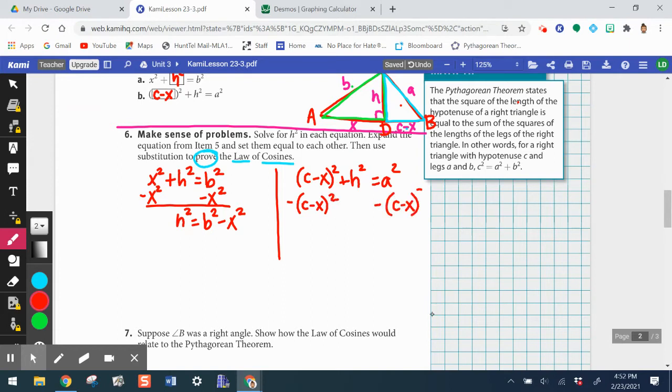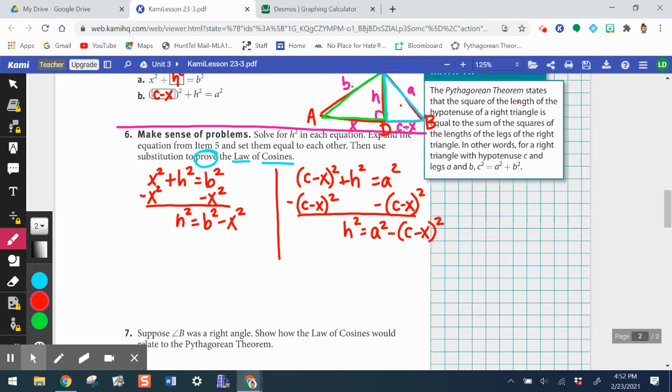So again, this is the part of the math that I was referring to. If we're not comfortable, don't get bogged down here. But it works the same way. x is some number, and it's squared, so we subtract it from both sides. c minus x will represent some number squared, and we subtract it from both sides. So we'll be left with h squared equal to a squared minus (c minus x) squared.